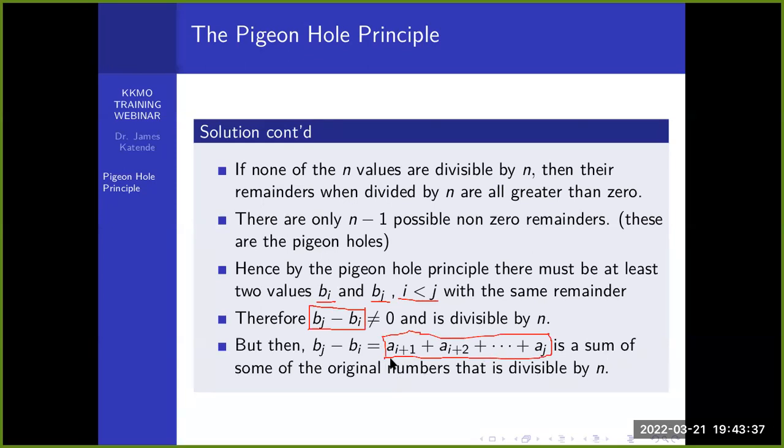So we have guaranteed that we can always find a subset of the original set whose sum will be divisible by n. Is that making sense?